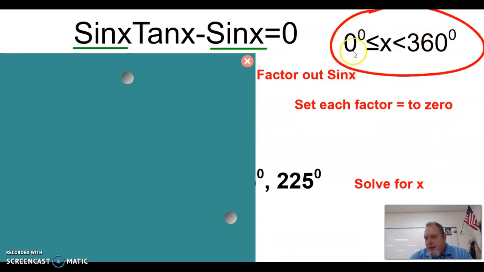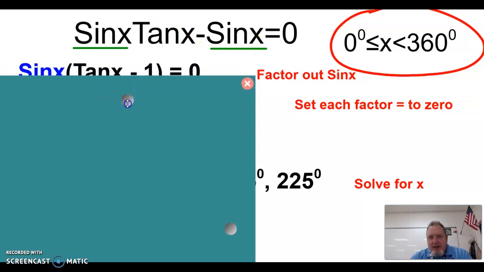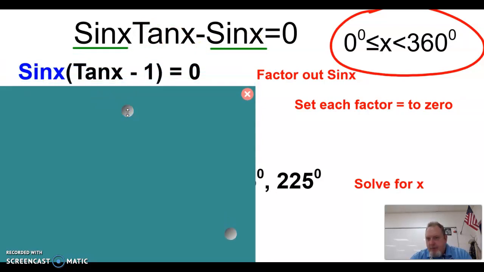Okay, this is similar to the last problem, only now we're back to degrees. So this is why you've got to look at this restriction really close for each one. So last one was 0 to 2 pi, and now we got 0 to 360. You can see that both of these terms have a sine, so we're going to factor that sine of x out, like so.